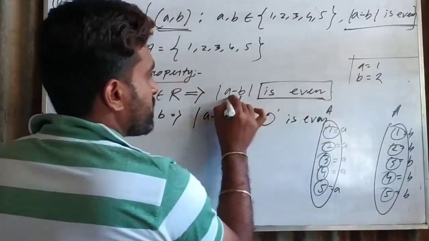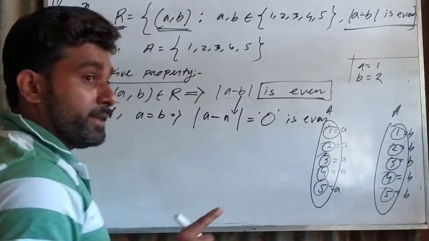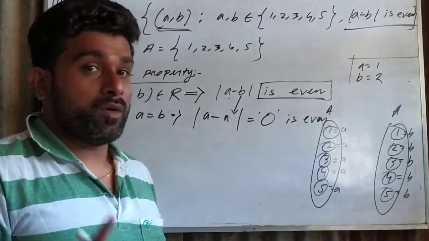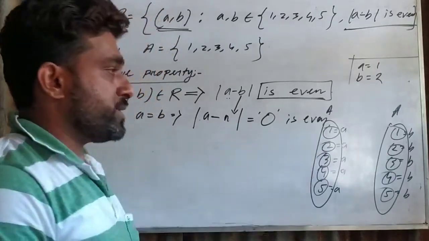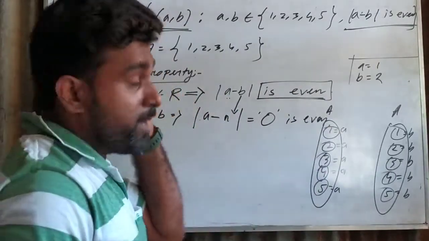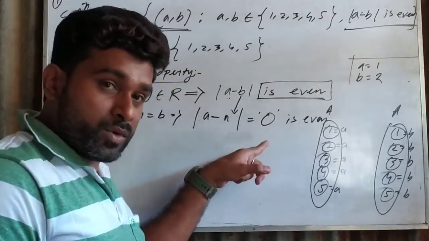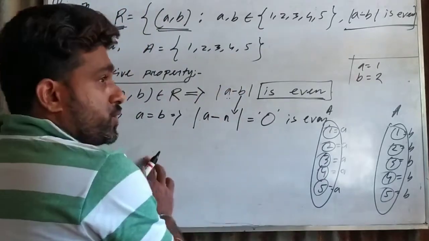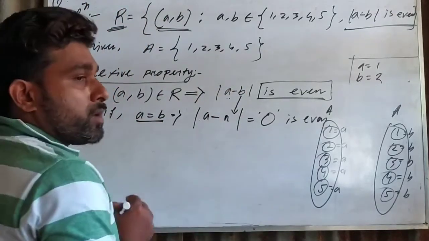When the subtraction result is even, then the condition will be satisfied for those particular values of a and b. Here you can see for every same value of a and b, the answer will be 0, and 0 is an even number. So that means you can choose a equals b.